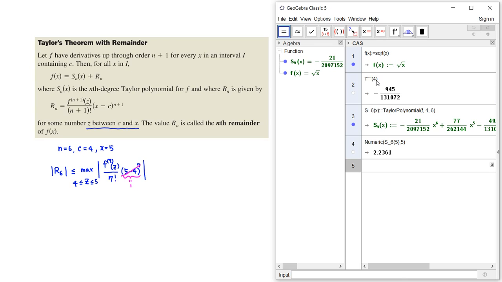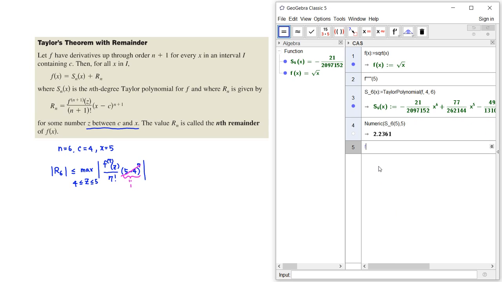So let's look at the 7th derivative and see what we get. So that was the 6th derivative, and here's the 7th derivative. Actually, why don't I just do it down here? So I'm going to take f 7th derivative, 1, 2, 3, 4, 5, 6, 7th derivative of x. Right, so I'm gonna just hit enter.